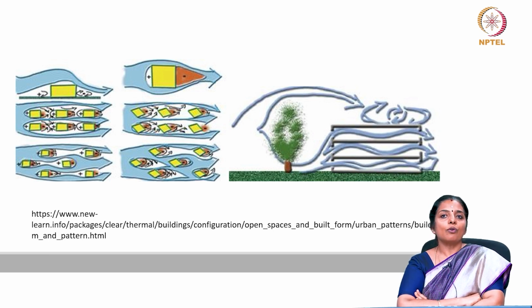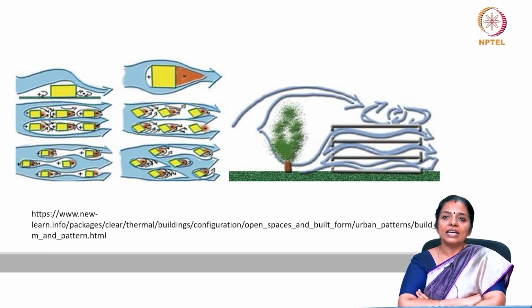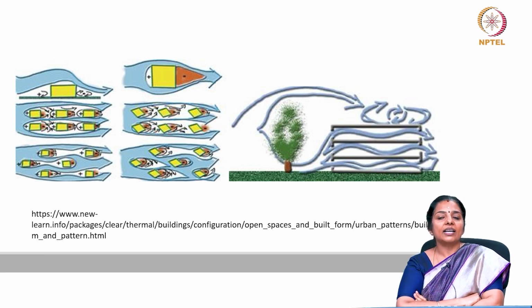The first row of buildings diverts and approaches wind currents upwards. The rest of the buildings are left in wind shadow regions. Thus, two separate airflow regimes are created.